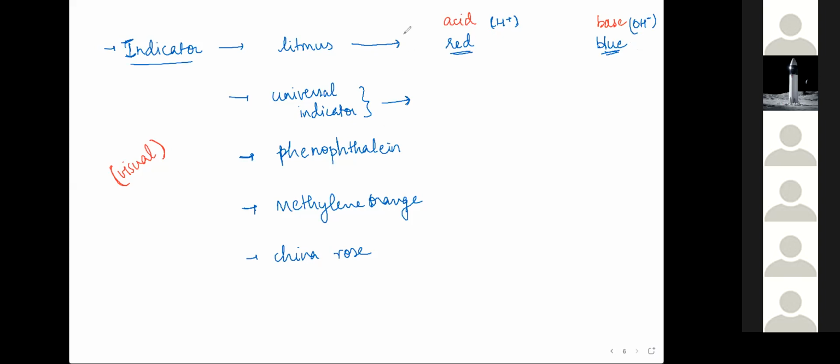Universal indicator is more accurate than litmus because it is not just a binary thing, either this or that. It has different scales, depending on how strong the acid or the base is, you get different colors out of it. So the universal indicator turns into many different colors depending on what solution it is being put in.